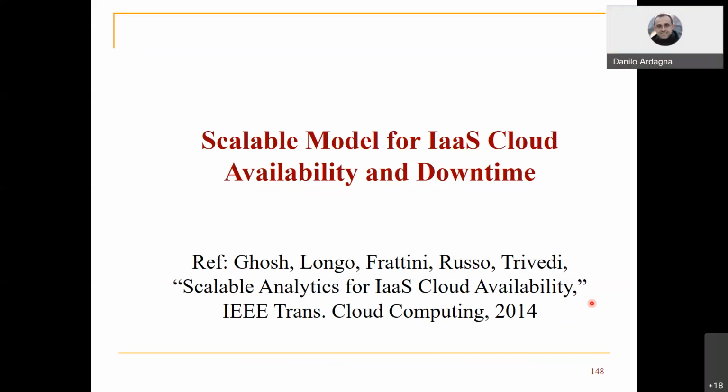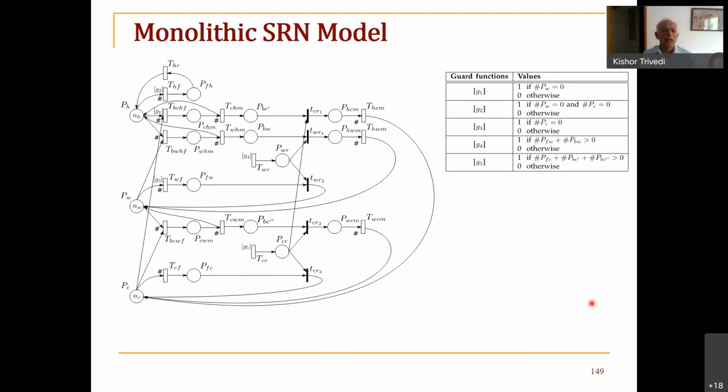Okay, thank you. So I'm returning now to the cloud model, and here is what we had as a stochastic reward net, a monolithic model of the cloud, and we noticed that these are actually three submodels interacting at the stochastic reward net level.